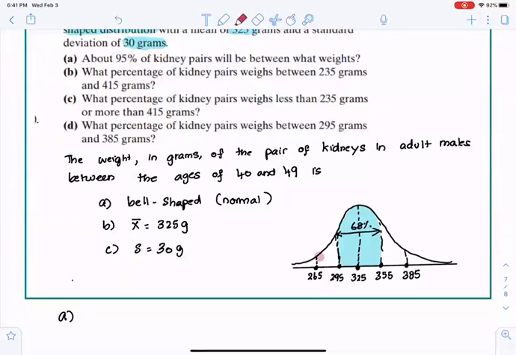Notice this area includes the previously shaded area. That is why we are getting a higher percent. So now we have 95%.